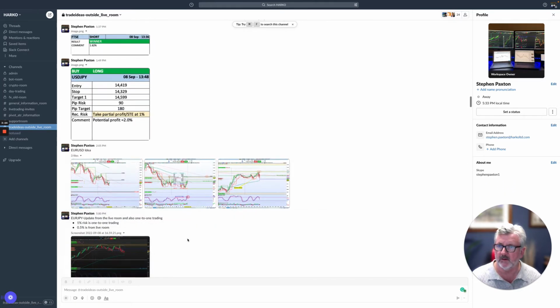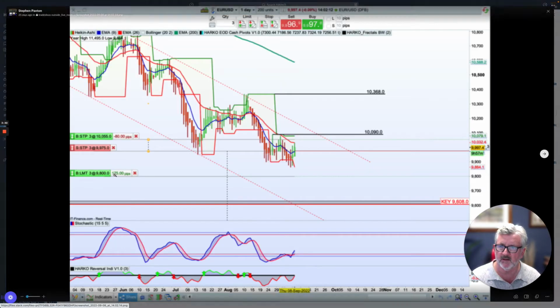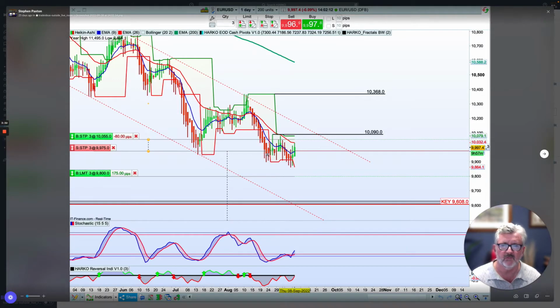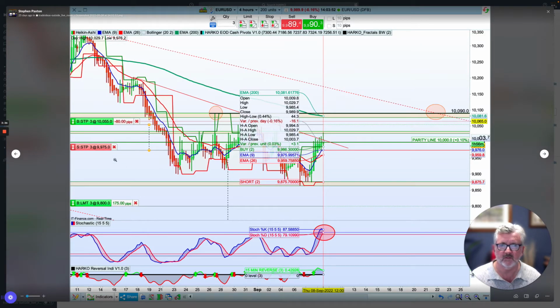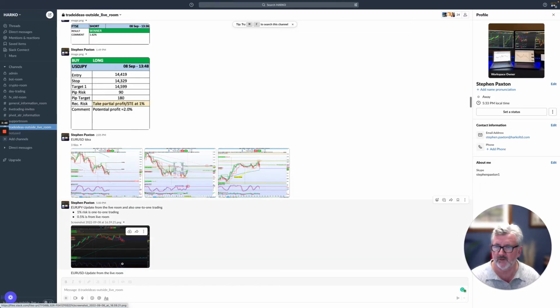Okay, so let's get moving on. We're on the 8th, we better get a wiggle on. What I do is give people an idea of the trade setup, of what's happening, and then zoom into the finer details and show people what to actually look out for on the charts themselves. And that was a structural break for that trade, which was Euro USD.